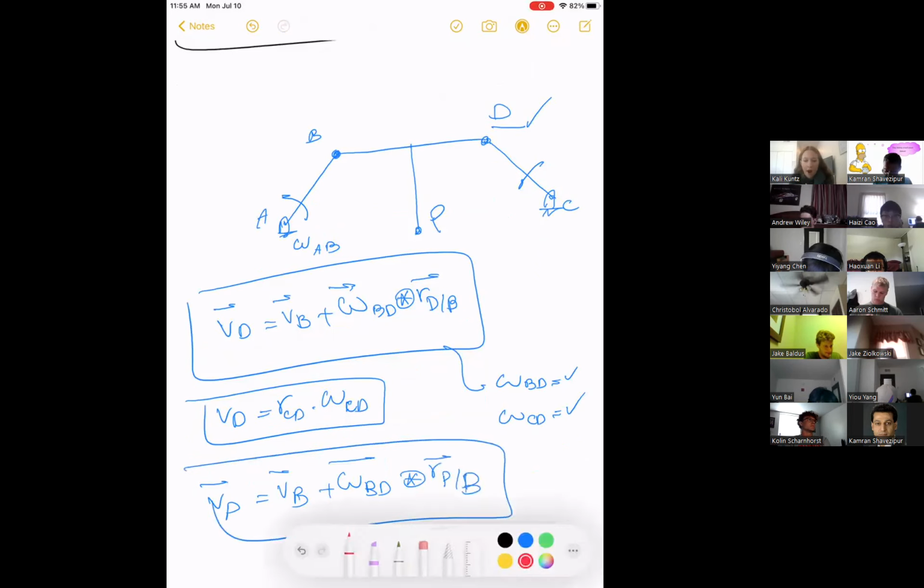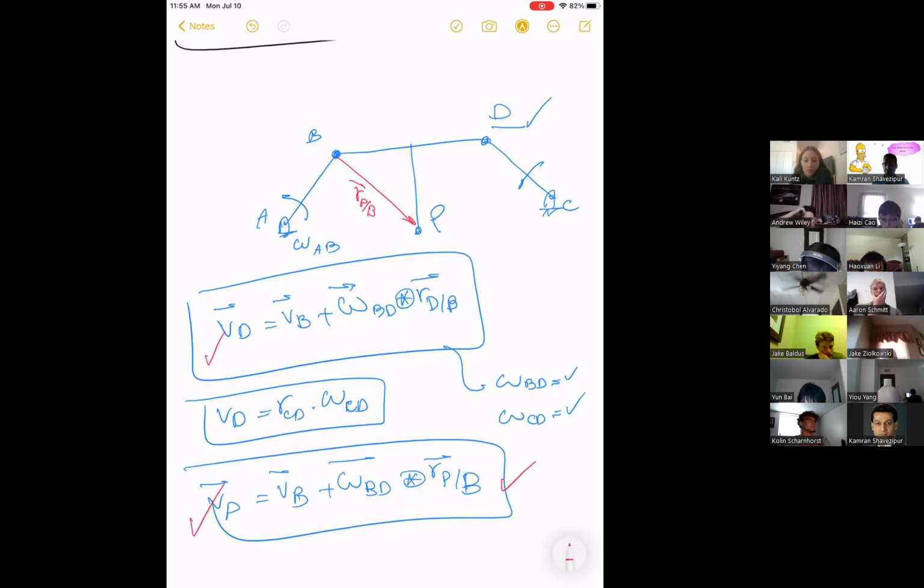This time, this is R_P/B, and then solve this one more time. i, j, k products, separate and solve it. So you see, to get this with the conventional vector analysis, you probably have to write 2 pages of writings to finish it, or maybe 1 page.